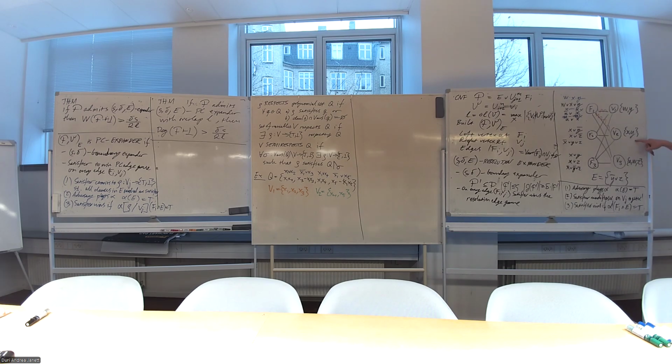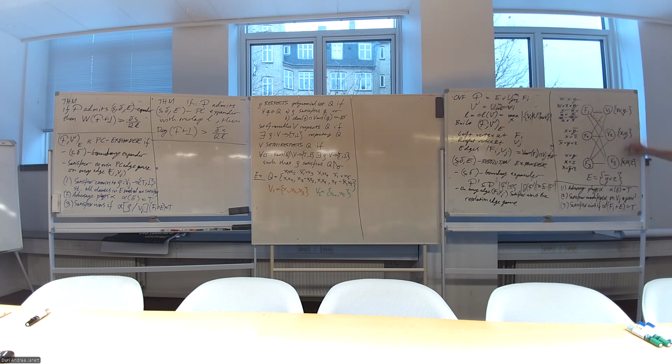The adversary would play Y being false, and since we cannot change Y, we have to keep Y being false, because otherwise we have an invalid assignment. But then if you set Y to false and look at what the adversary might play, the only way of being guaranteed to satisfy all the clauses is to set X to true and false at the same time, and that was not possible.